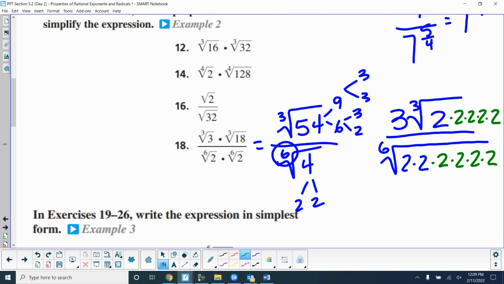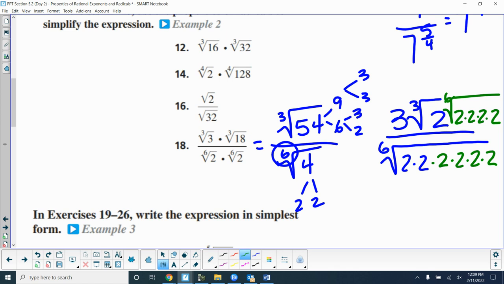But remember, that wasn't under a 3, it's under a what? I should have made sure I did that too. But that's a 6, right? Because that's what I did here. Okay? So this 2 is a little different than this 2. Because this is a cube root and this is a 6 root. Okay? You with me so far?